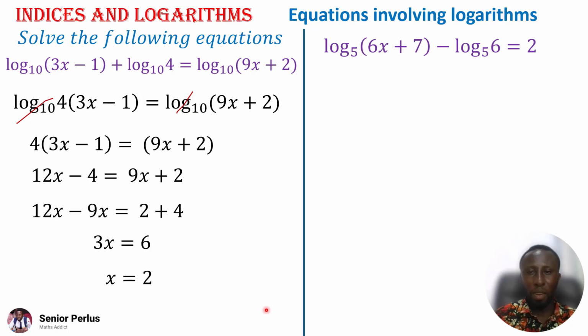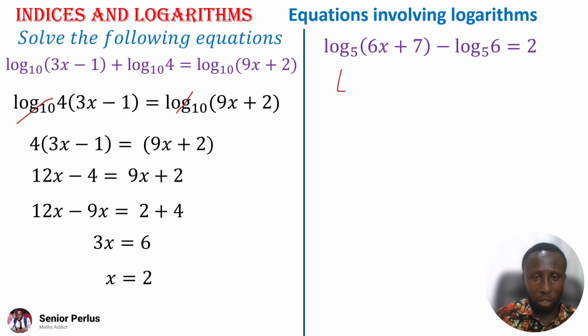And with these two, log (6s plus 5) to the base 5 minus log 6 to the base 5. This one can be solved. So this one we just use the quotient law.